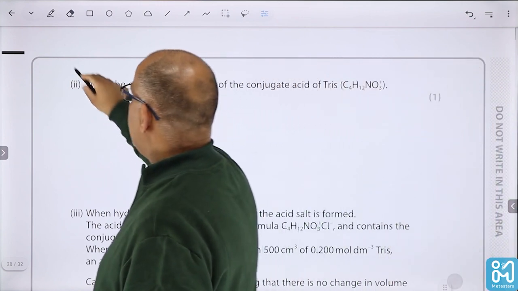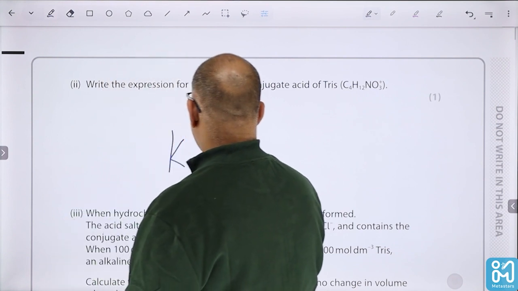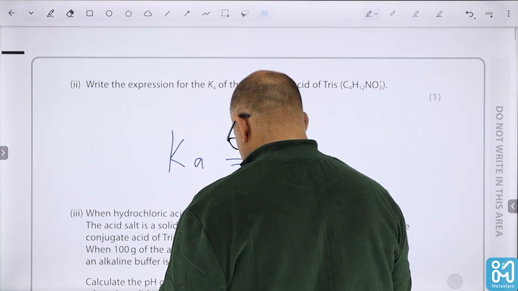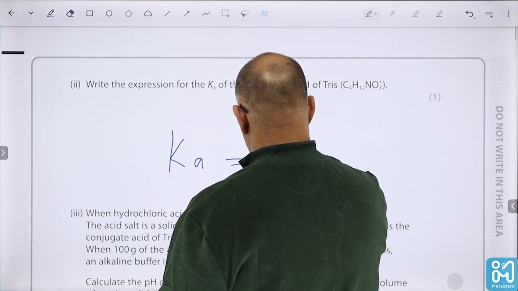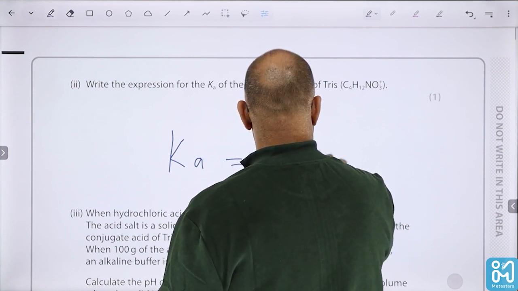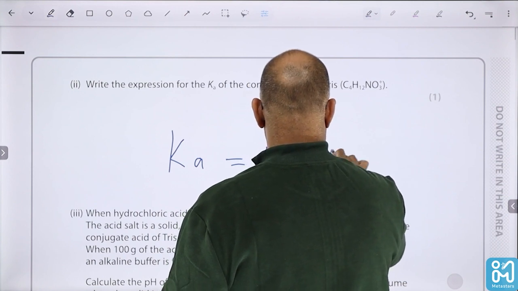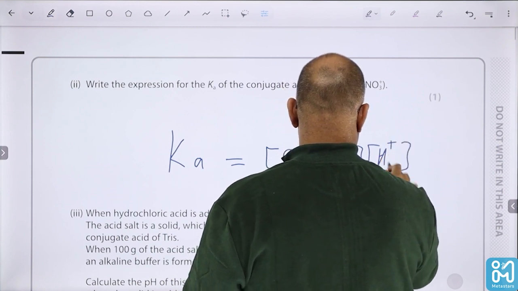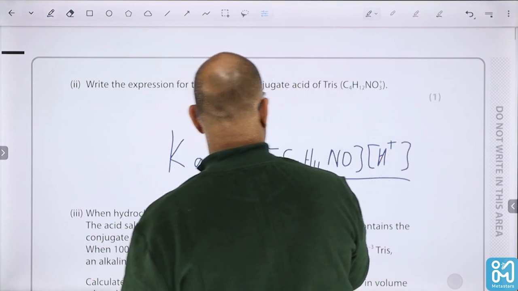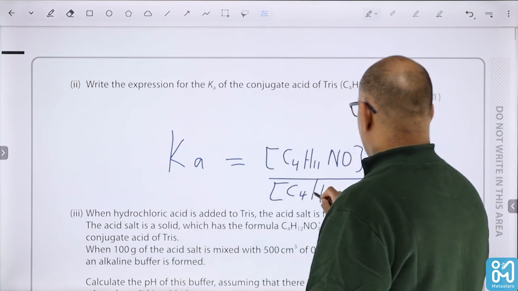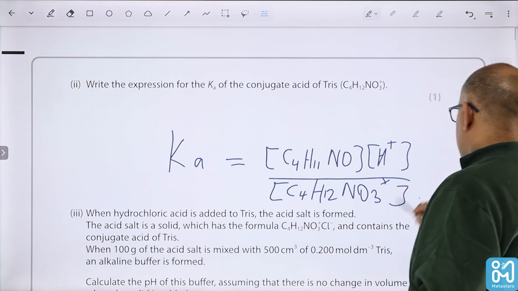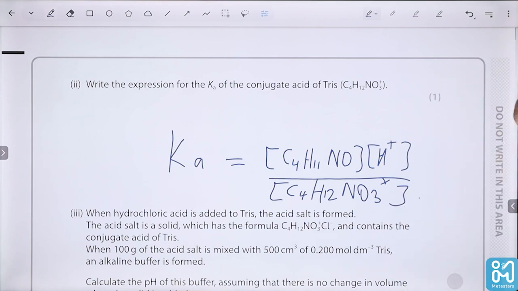So Ka will be, when this decomposes, the concentration of C4H11NO3 times the concentration of hydrogen ion over the concentration of C4H12NO3+. That's the expression.